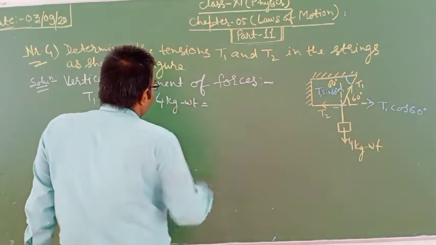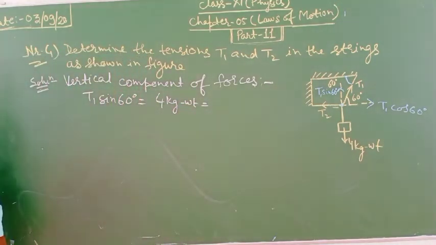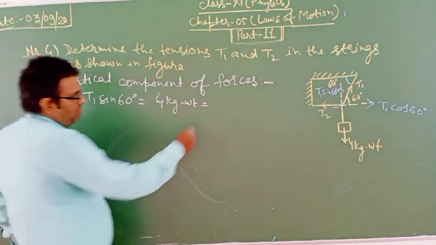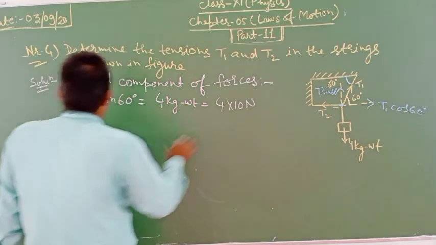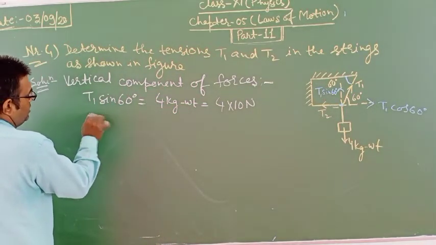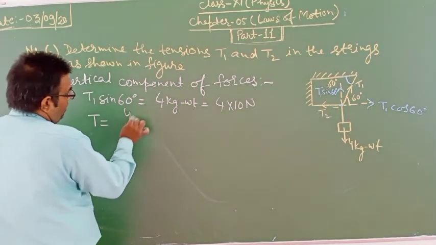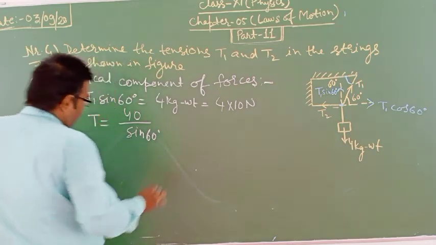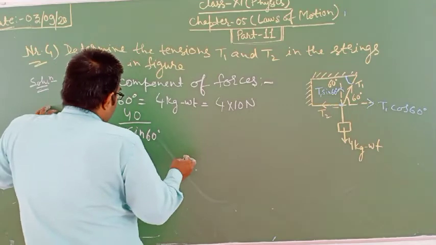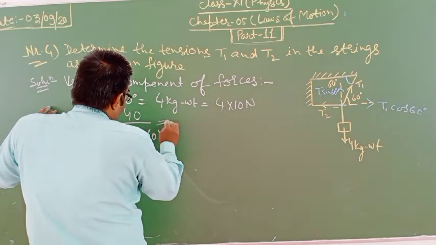You can write it as 4 into 10, that is 40 Newton, and T1 is equal to 40 upon sin 60 degree.